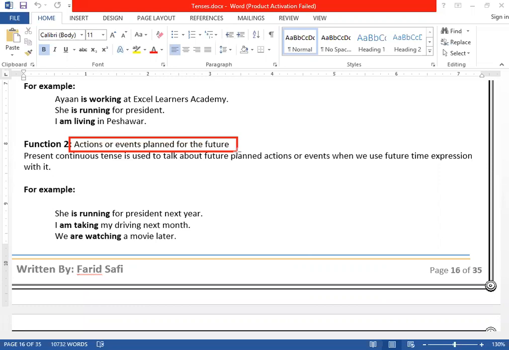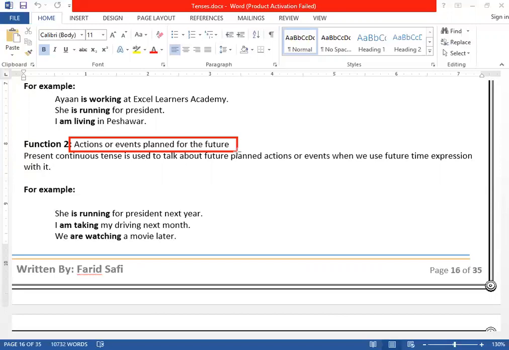Future time expressions are, for example, tomorrow, next week, next year, next month, clear? At night. The present continuous also gives us meaning for the future, and whatever meaning it gives, that action or activity is arranged, is pre-planned.